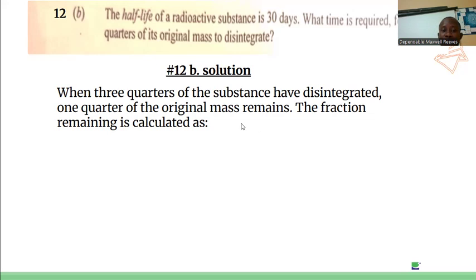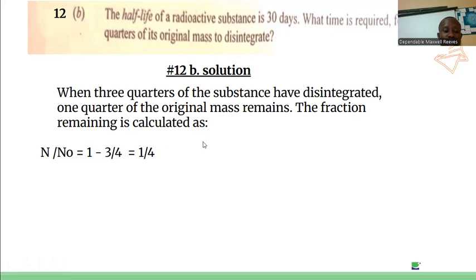The one that disintegrated we take to be 3/4. So the one that remains is 1 minus 3/4. So we say N over N naught is equal to 1 minus 3/4, which will be equal to 1/4. So 1/4 of this particular mass will remain. This is the remaining mass, and we use it to solve this particular question.